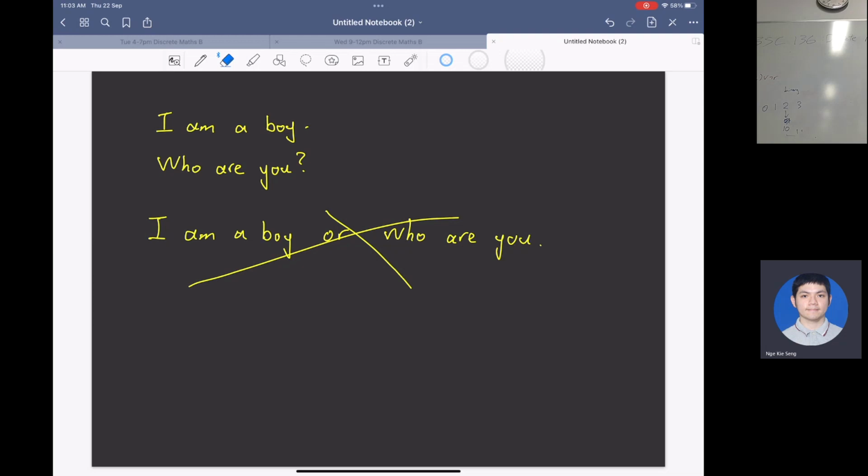What happened here? R goes through the NOT gate. What do you get? NOT R. Q goes through the NOT gate, and P and NOT Q go through the AND gate. And then P and NOT Q go through OR with this one you want.